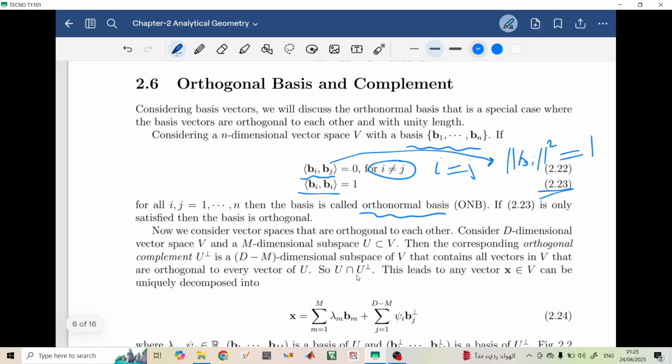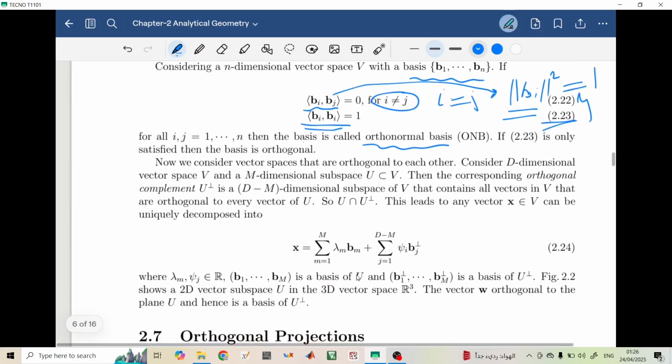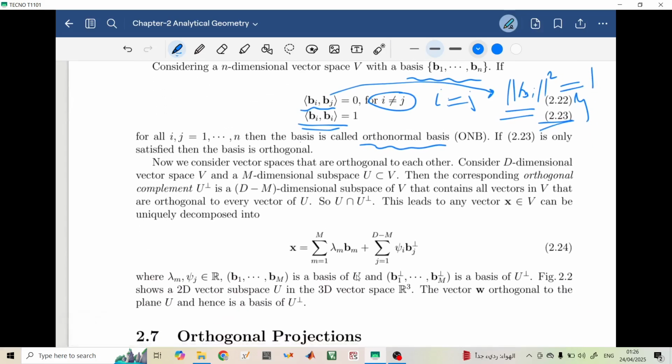So we say that the inner product of the basis vector with itself equals 1, or in other words, the norm squared of the basis vector equals 1. So if the two conditions 2.22 and 2.23 are satisfied in a set of basis vectors, then we call it an orthonormal basis. It's very useful, it has very nice properties, and we like to use it to represent data and vectors in general.